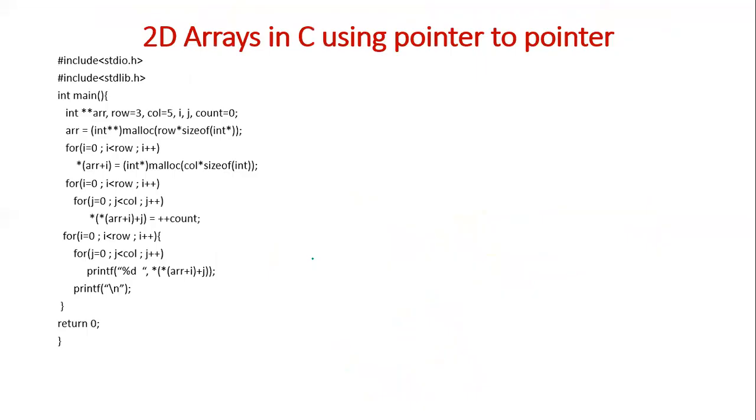So this program is quite similar, not much difference. We are creating an array with pointer to pointer. Row is 3, column is 5, and i, j, count are initialized to 0. This is the one which creates a pointer for each row.